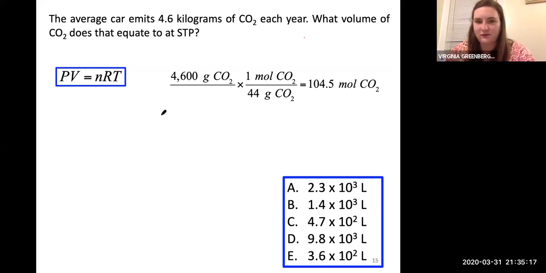We get this 4,600 grams of CO2 by saying 4.6 kilograms times 1,000 grams per 1 kilogram. Then we have the molecular weight of CO2 from the periodic table here, giving us 104.5 moles of CO2 released by the average car every year.